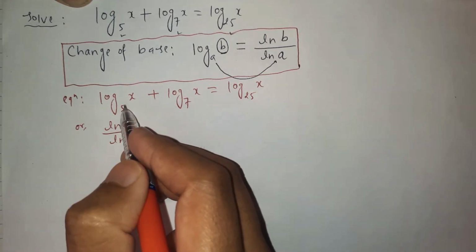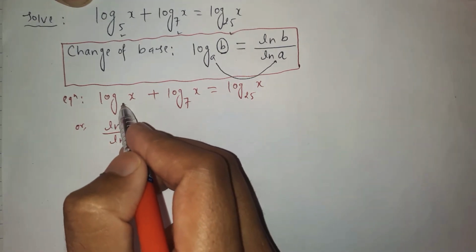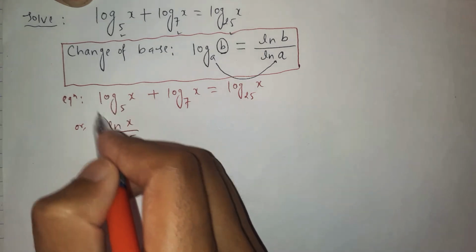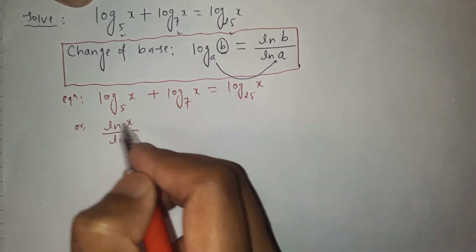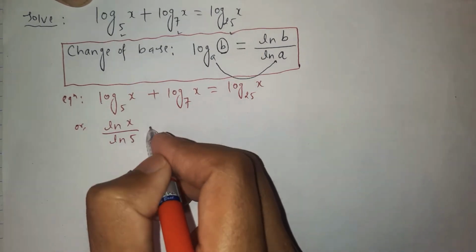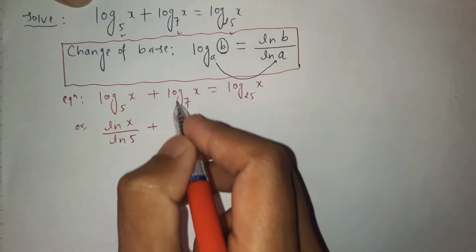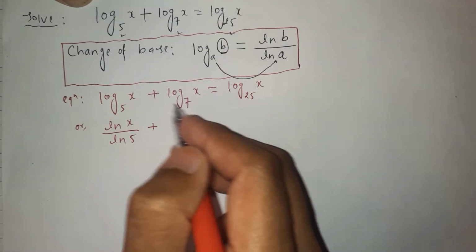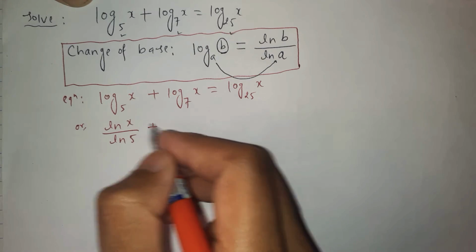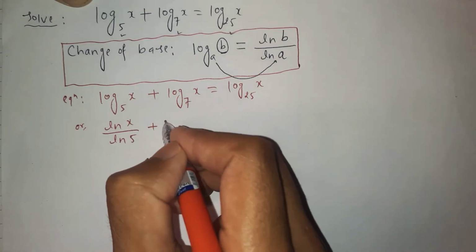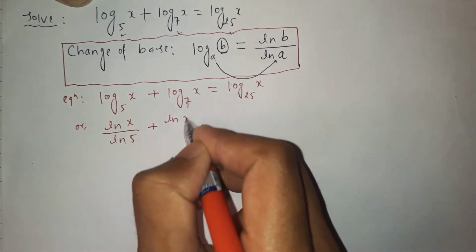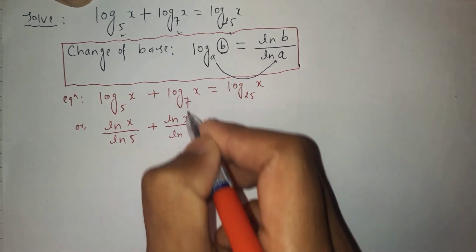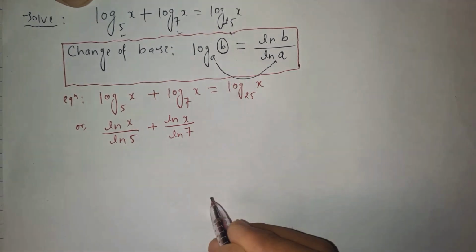This is the way of converting a logarithm with one base into a logarithm with another base. Plus, similarly we can convert this logarithm into natural logarithm form. This is ln of the argument x over ln of the base 7.